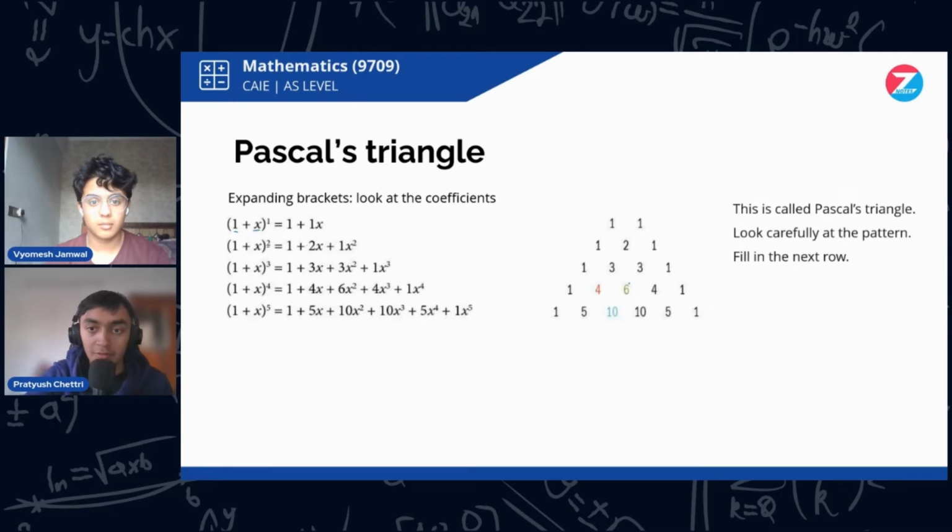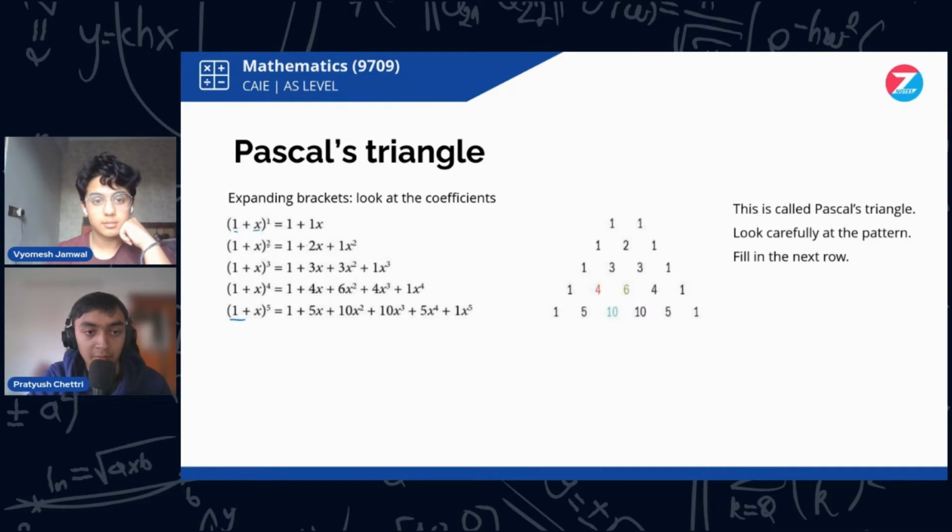The thing you should notice about it is that when you add these two terms, 1 plus 1, you get 2 here. And when you add the two terms next to each other, you get the term below it. So 2 plus 1, 3, 3 plus 3, 6, so on. And this pattern, Pascal's triangle, is the pattern that we use for binomial expansion.